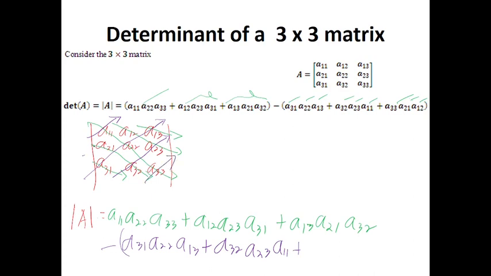A33, A21, A12. There. So, nakompleto na, no? So, ito yung basket method or nest method. Okay?